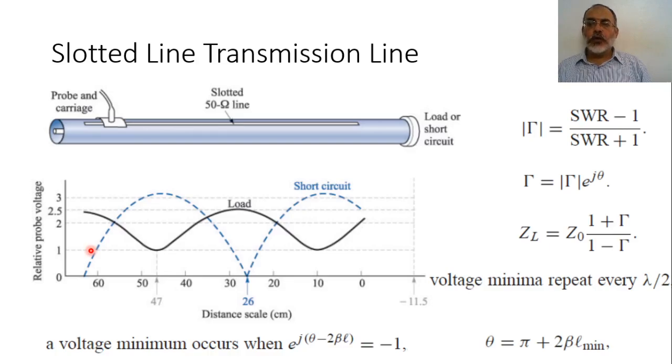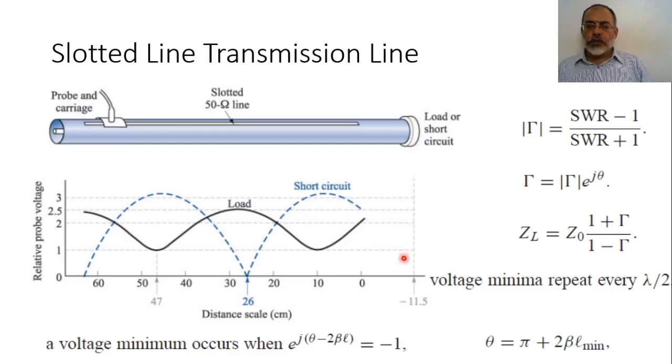The advantage of the short circuit load is that we know exactly the phase of the short circuit. So, from the electrical point of view, the point where we have a minimum for the short circuit corresponds electrically to the same point of the short circuit itself, because we cannot put the probe exactly at the load.